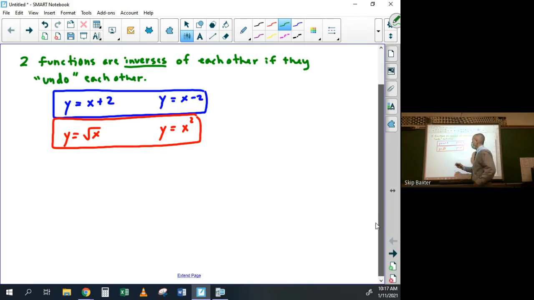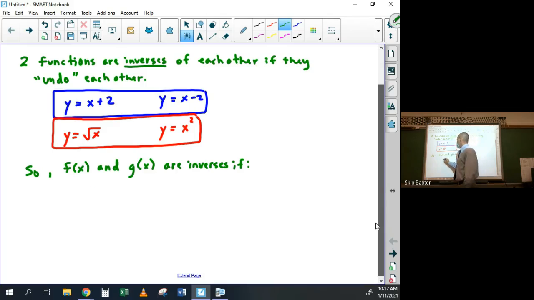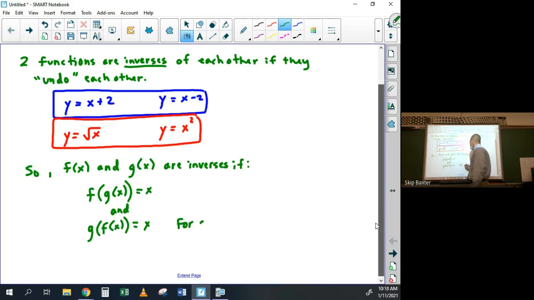Okay, so more analytically, f of x and g of x are inverses if f of g of x equals x and g of f of x equals x for all values of x.